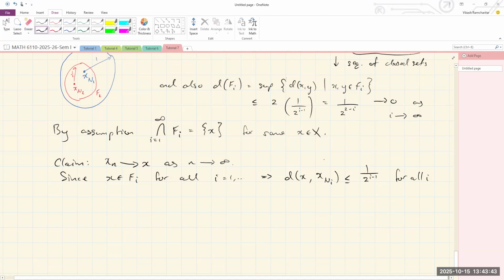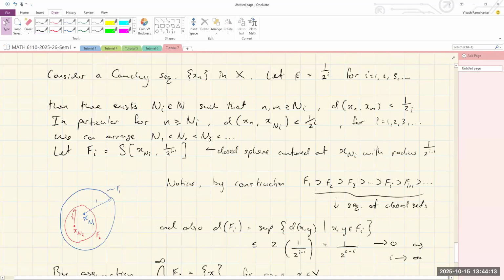So if I want to show that x_n is convergent to x, then given any epsilon bigger than 0, we can take an n_i such that, remember how these n_i's were chosen? n_1 corresponded to a radius of a half, n_2 to a radius of 1 over 2 squared, n_3 to 1 over 2 cubed, and so on.